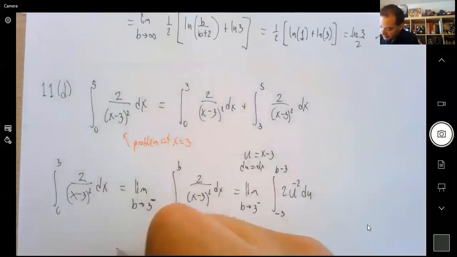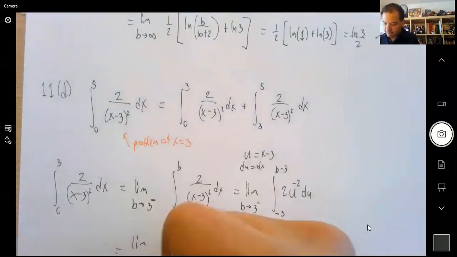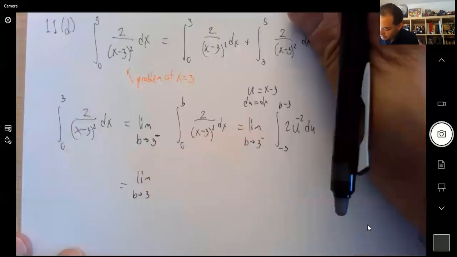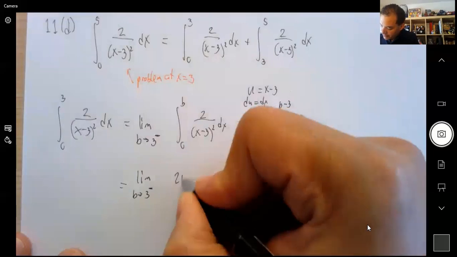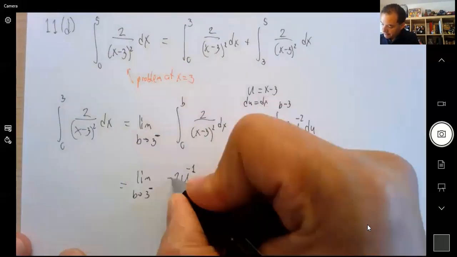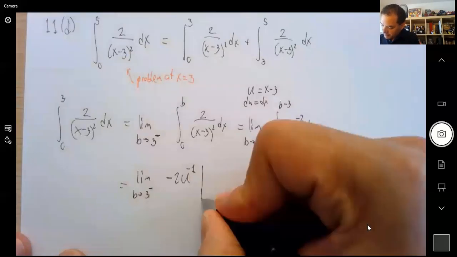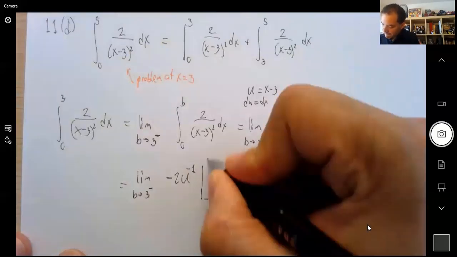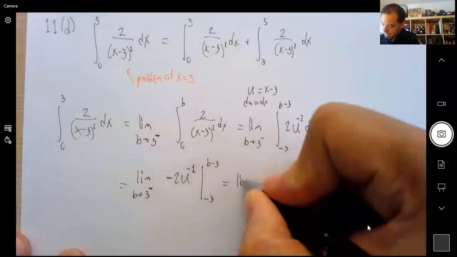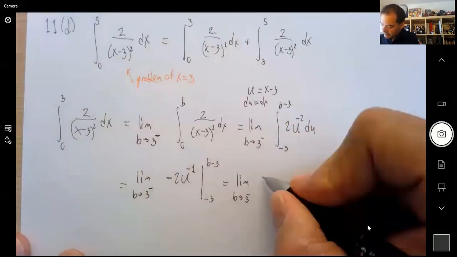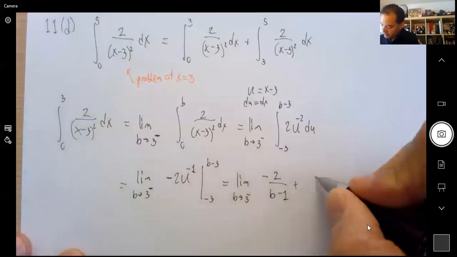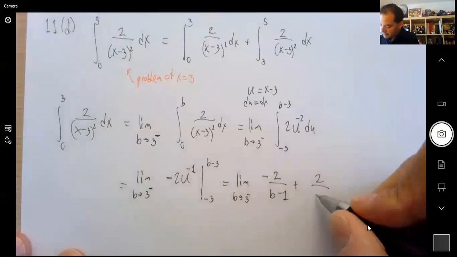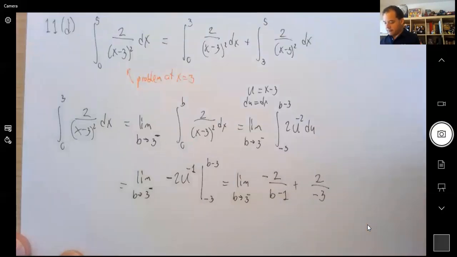So now we can integrate. The integral of this will be 2u to the negative 1 over negative 1, so it's negative 2 over u, from negative 3 to b minus 3. So this is negative 2 over b minus 3 plus 2 over negative 3. Is that right?